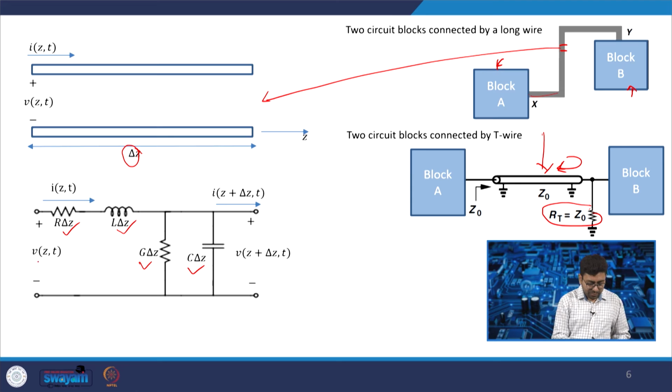If you find the voltage at Z comma T and at Z plus delta Z comma T, we will try to solve the voltage and current for this transmission line.